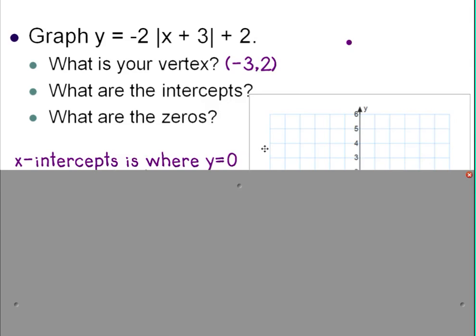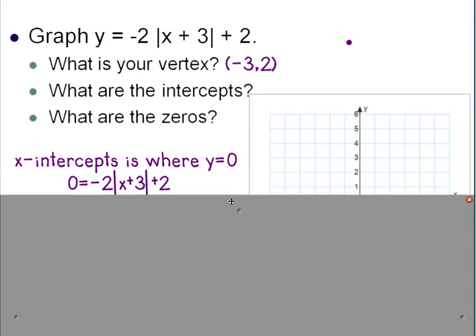Well, let's talk about this without necessarily looking at this transformation stuff yet. So remember that the x-intercepts are where your y is equal to 0. So if I put in a 0 for y, and I say, okay, negative 2 times the absolute value of x plus 3 plus 2.